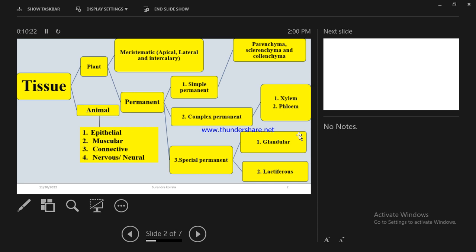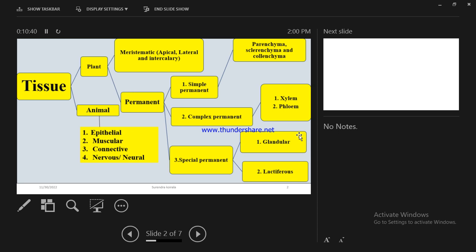The tissues in plants we call plant tissues, and the tissues in animals we call animal tissues. So these tissues are further categorized into different types.